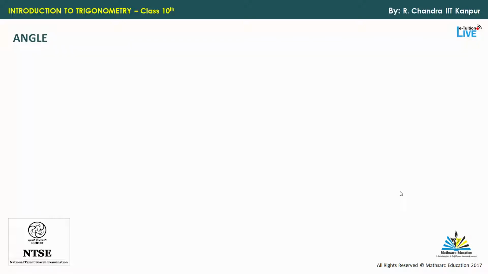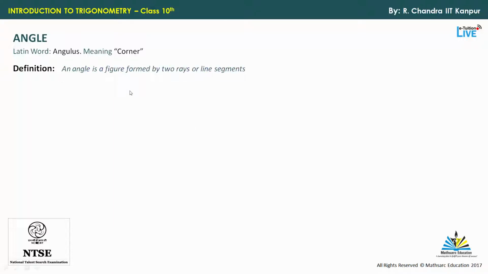The basic unit is angle. The word angle came from the word angulus, and its meaning is corner. What is its definition? An angle is a figure formed by two rays or line segments. Let's have a look here.